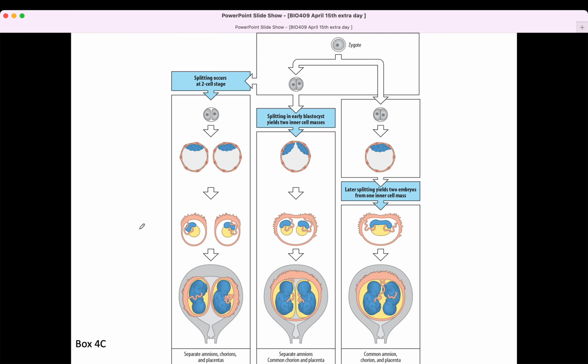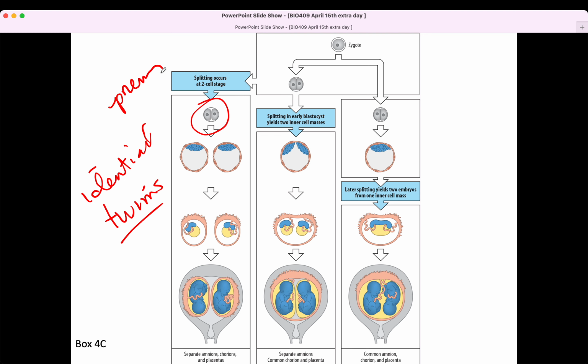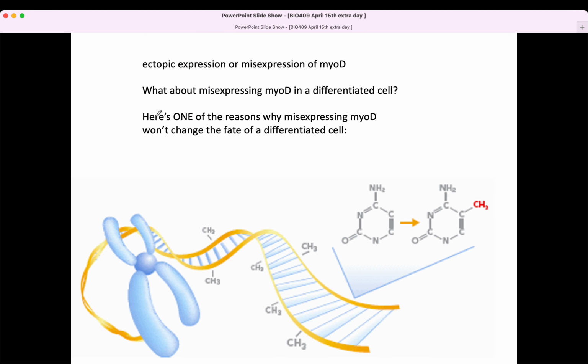Okay? So, the embryonic stem cells have the capacity to form the whole organism. And that's shown here in examples, not from our book, about twins. And these would be identical twins. Identical twins are formed by splitting of an embryo, and they can split at different points in the pre-implantation embryo. When the cells are embryonic stem cells, the cells have the capacity to make the whole embryo, and they do. So if we split the embryo, we get 2 embryos. Okay?